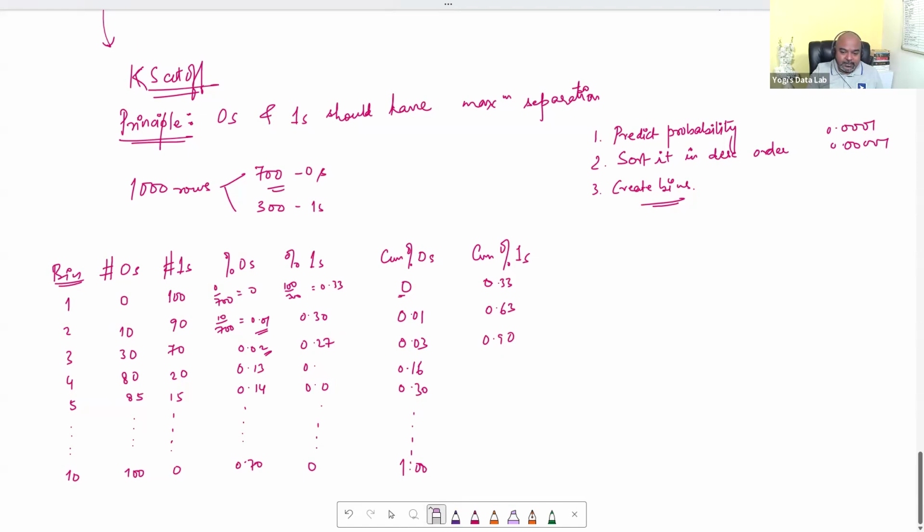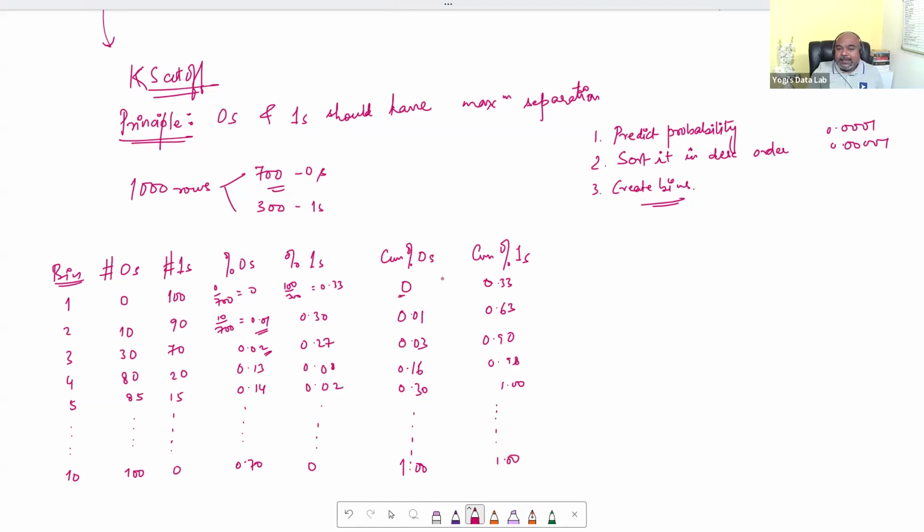Let us say this is 0.08, 0.05, and so on. So this becomes 0.98, 0.02, let's say, and then everything becomes 0. This becomes 1.00, and gradually it will be going to 1.00.